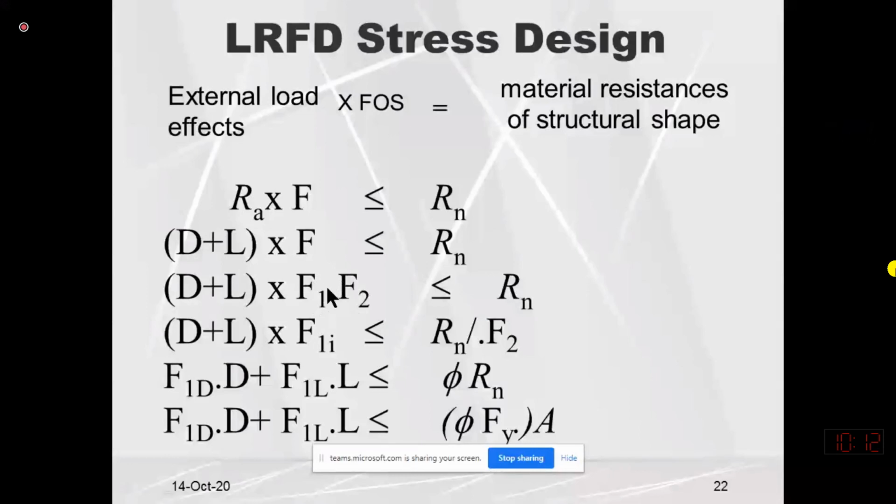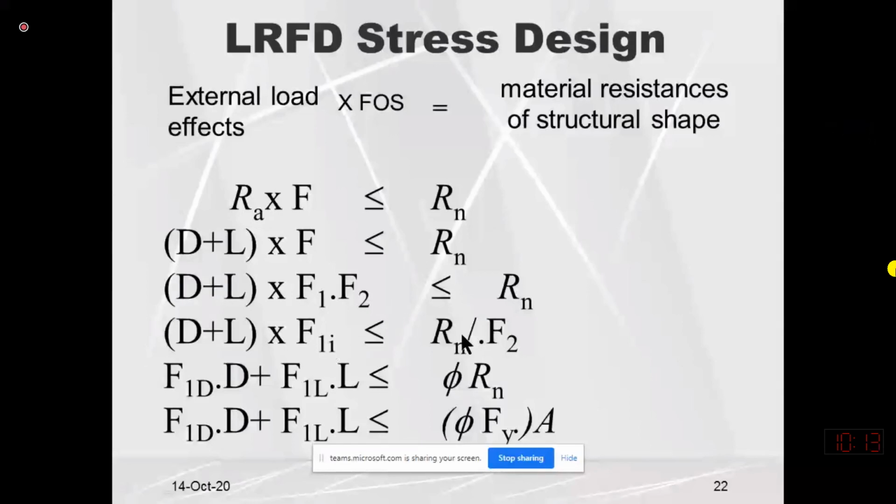The major part, F1, is multiplied with the load effect Ra, and the load effect may be the summation of dead and live load and all other types of load. The smaller factor of safety we bring to the right hand side, so the resistance of the structural member is divided by F2. Please note that F1 and F2 are both more than 1, since a factor of safety is always more than 1.